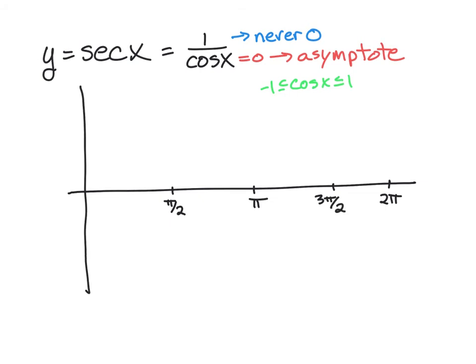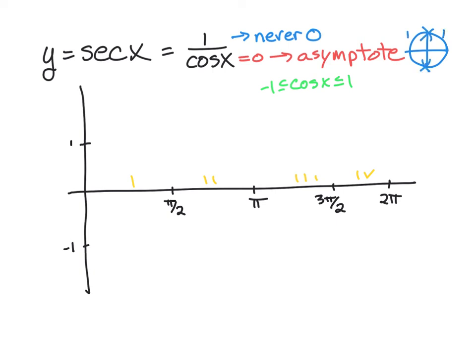I'm going to mark these guys 1, 2, 3, and 4. Notice that the secant's not multiplied by anything, so the cosine would go up to 1 and down to minus 1. But where does the cosine equal 0? Cheater circle. Cosine is 0 at the top and the bottom.